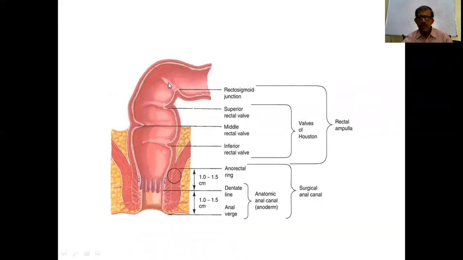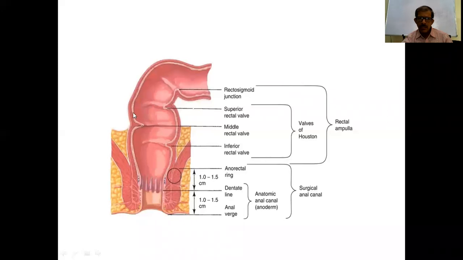This is the rectosigmoid junction, from where the rectum extends like this up to the anorectal junction. You have two convexities on the right side, and this is the middle convexity to the left side. You can see the semicircular folds of Houston.